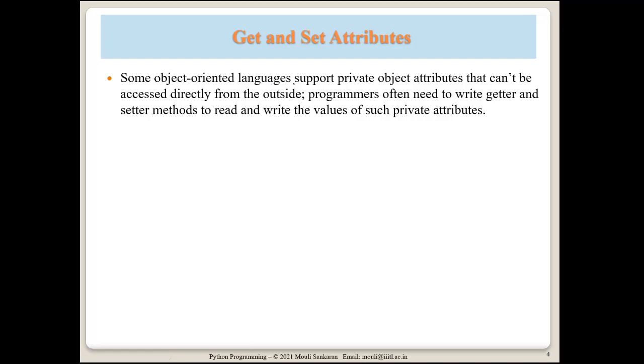Some object-oriented languages support private object attributes that can't be accessed directly from outside. Programmers often need to write getter and setter methods to read and write the values of such private attributes. So in C++, what happens is we define private int i. Then what do we do?